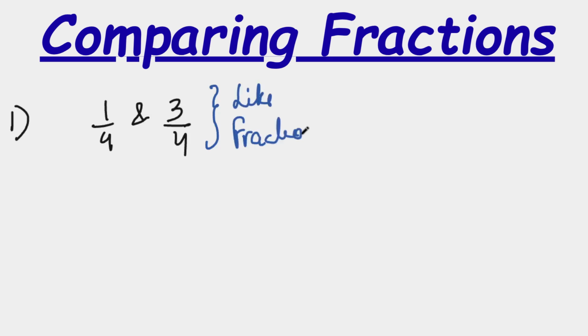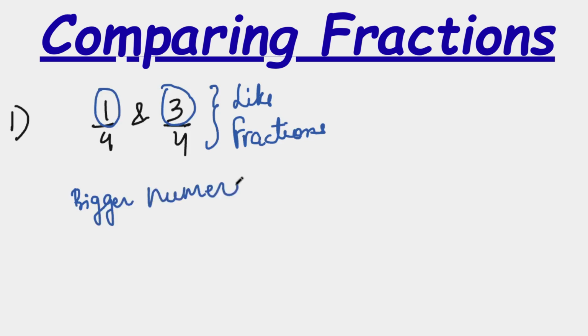Whenever you have fractions with the same denominator, you need to look at the numerator, because the fraction which has the bigger numerator is the bigger fraction. Bigger numerator means bigger fraction when we have the same denominators. You have to remember that.